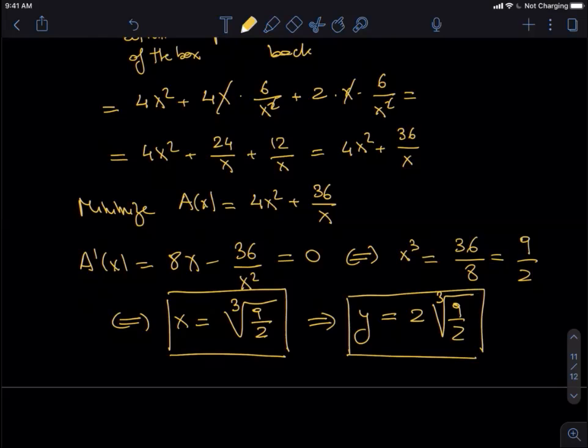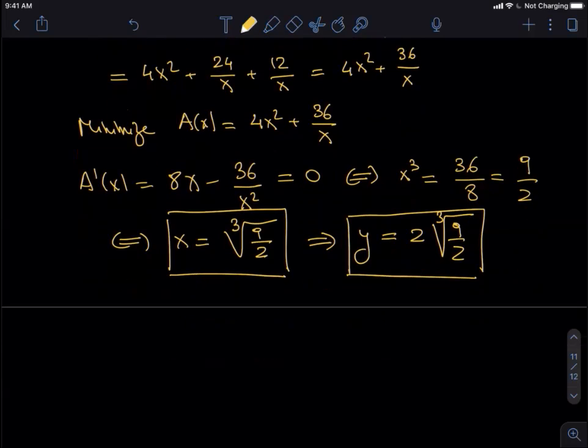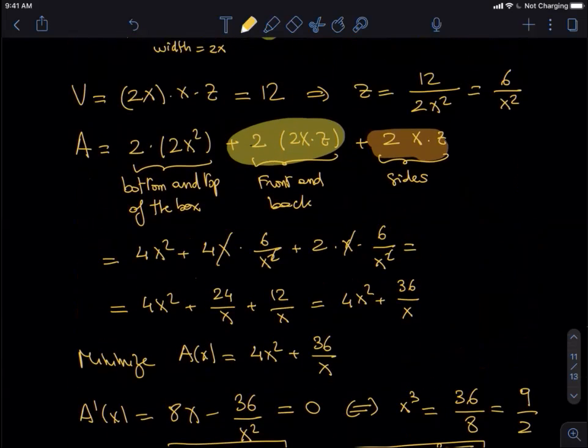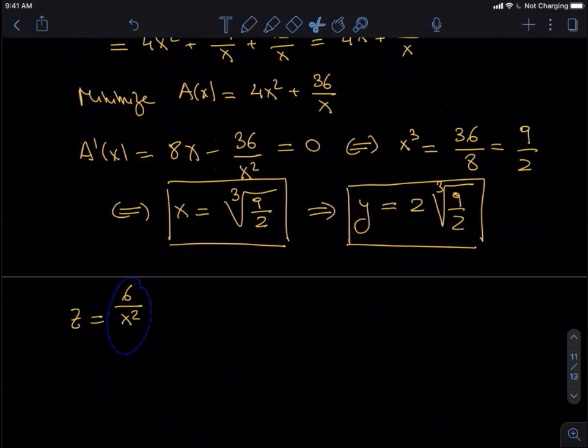And then the only missing quantity is z, the height, which remember was given by 6 divided by x squared. That is 6 divided by 9 halves to the power 2/3.